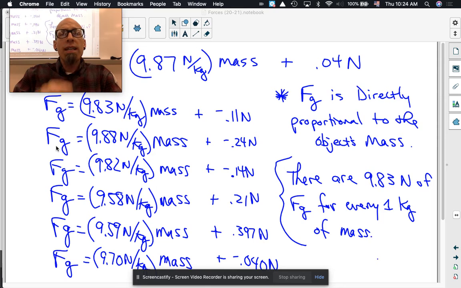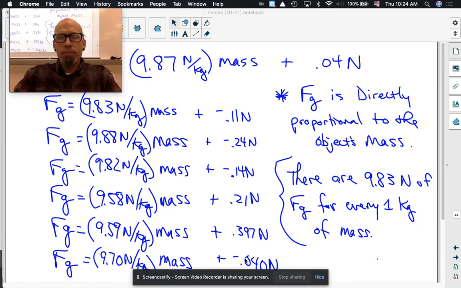Should the scale read anything when there's nothing on the hook? I'd say no. So what should our y-intercepts be? I would say 0. They should be 0. They're not. I even had 0.04. Mine's positive. This group had negative 0.04 newtons.